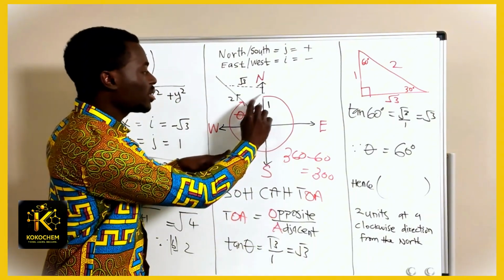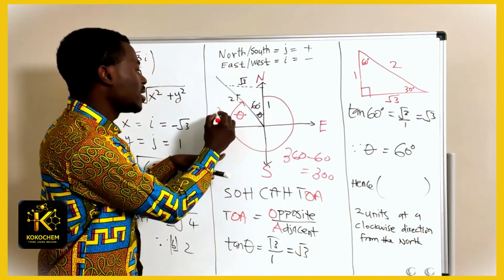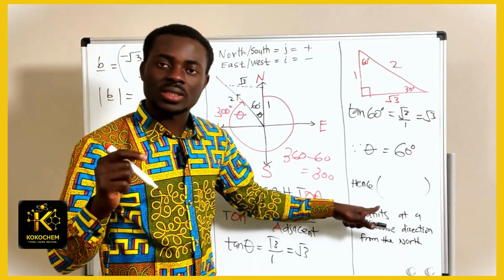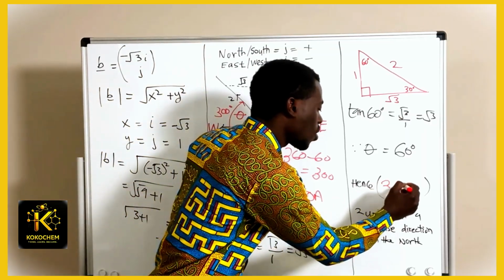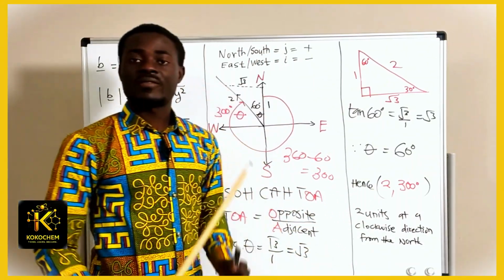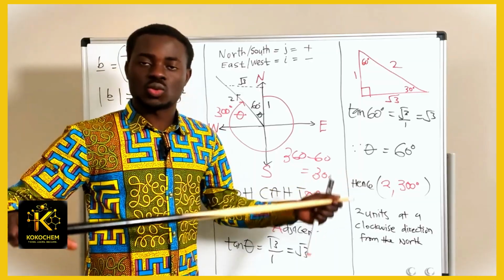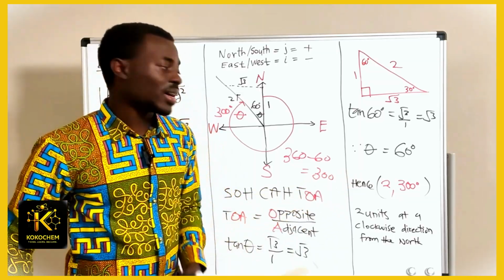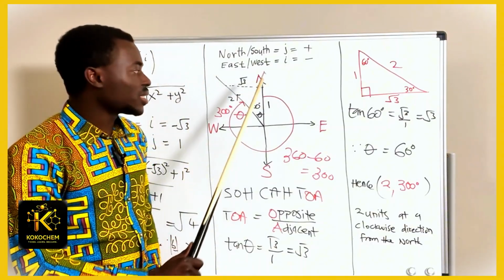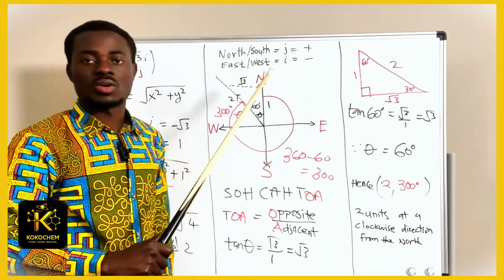So the vector line is at 300 degrees. The answer to this question is 2 at 300 degrees: the vector is 2 units long, in the northwest direction, 300 degrees clockwise from the north.